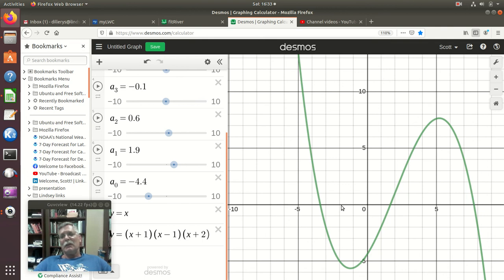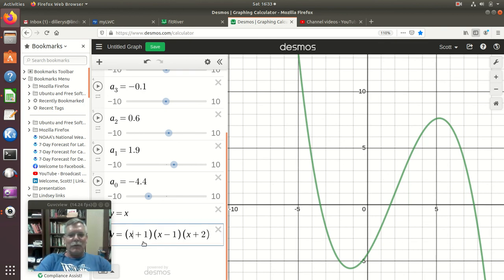Now, it could be a 5th degree polynomial, or a 7th degree polynomial, or a 9th degree polynomial, because you could have irreducible things in here.